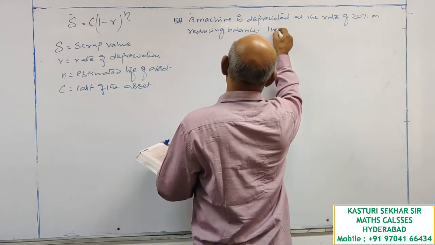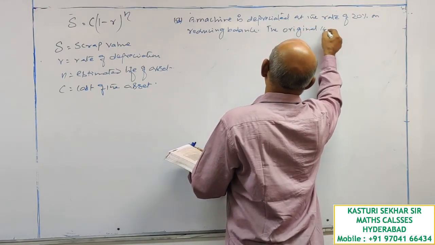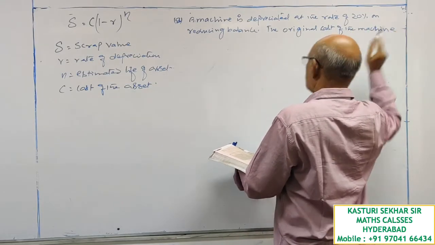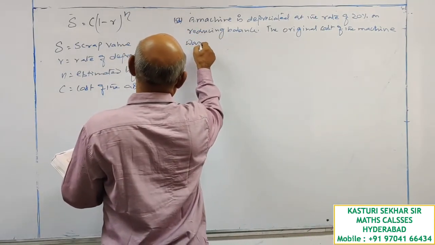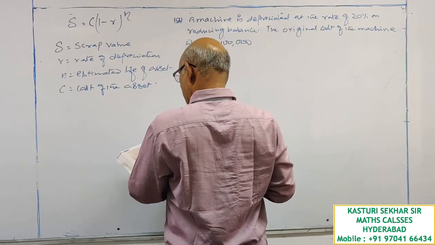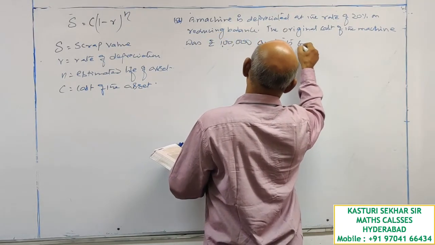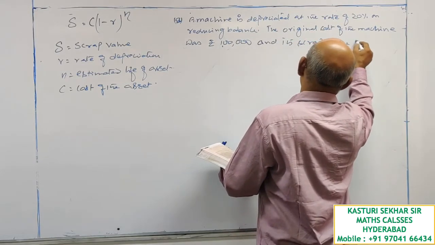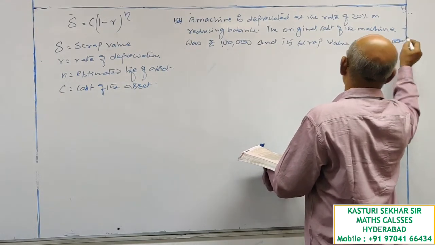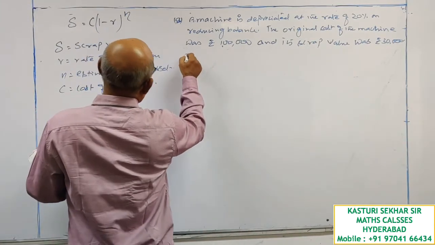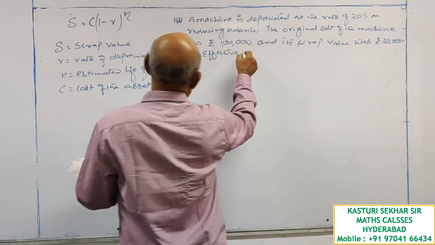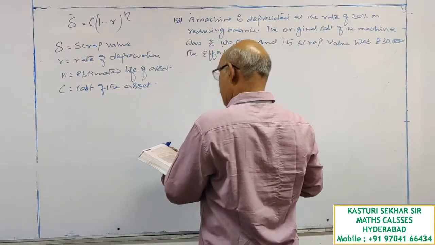The original cost of the machine was rupees 1 lakh, and its scrap value was rupees 30,000. The effective life of the machine is?